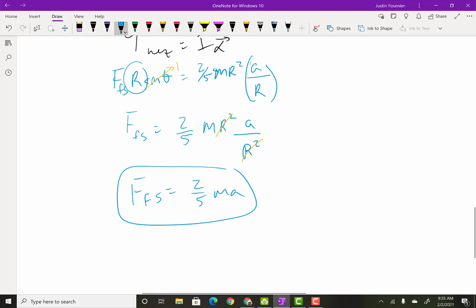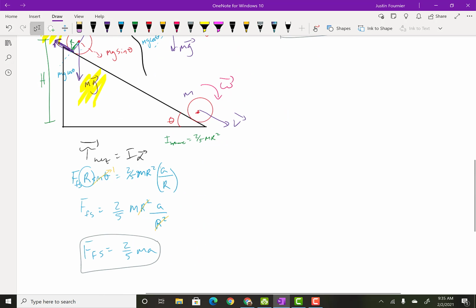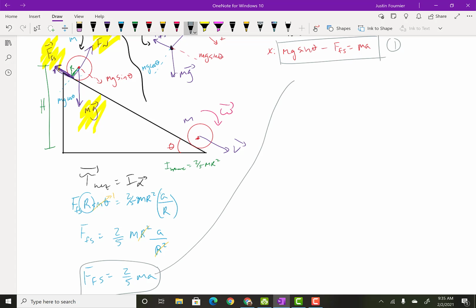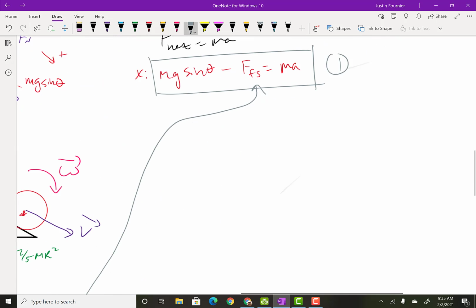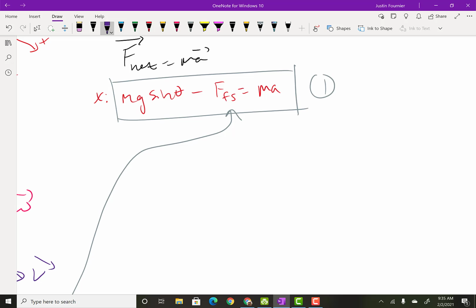That's my second relationship. I'm going to plug that into my static friction force here, so mg sine theta minus 2/5 ma equals ma. I'm isolating for the acceleration because I'm going to plug it into a kinematic equation.